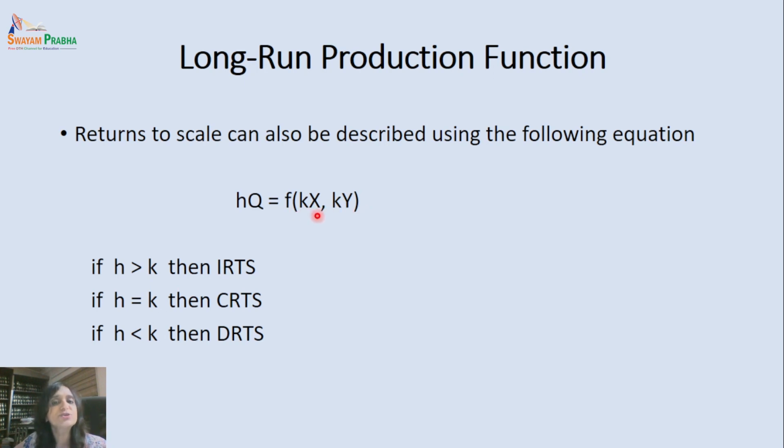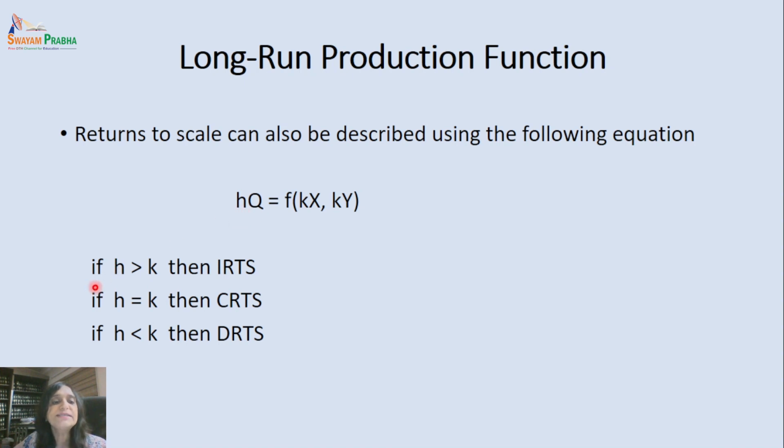So the new production function becomes f of kx, ky. Now because there is a change in the inputs x and y by k, we are seeing the change in quantity or the output by an amount of h. So with the change in inputs by k amount, output changes or the production changes by h amount.